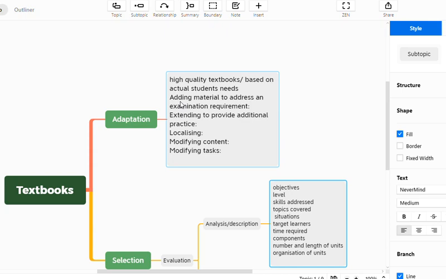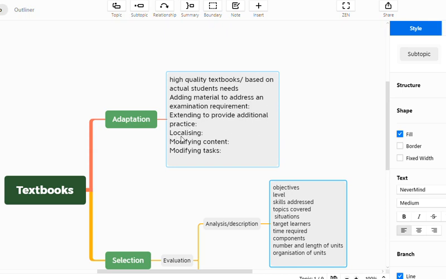In order to do adaptation, we add material to address an examination requirement. We extend to provide additional practice. For example, you see that, okay, the textbook is useful, the textbook is of high quality, but we need to include some more practices.